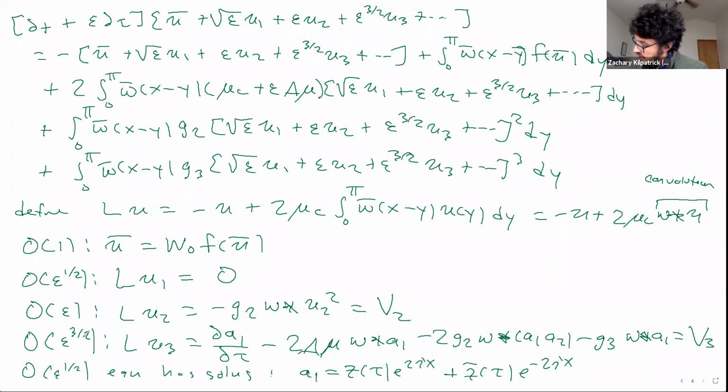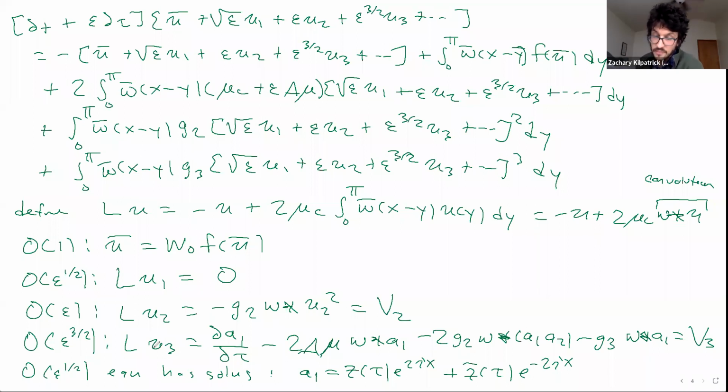But order epsilon to the 3/2 basically is where we should expect to find an amplitude equation. And if you remember when we've derived amplitude equations in the past, that's where our slow time scale emerges. And we get some restriction that allows us to turn the homogeneous right-hand side into an equation by basically eliminating the secular terms.